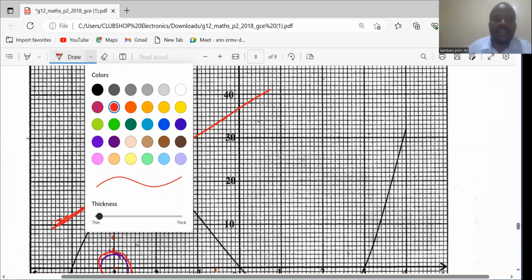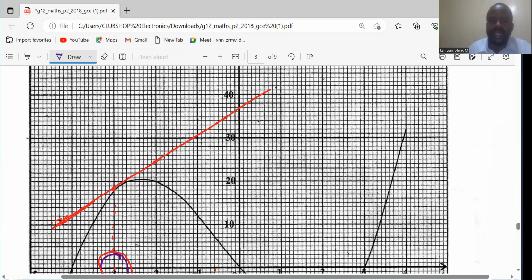So you don't need to struggle. Just pick any point from the line. It can be this point, whichever point you want. Any point. All right, then create a triangle.